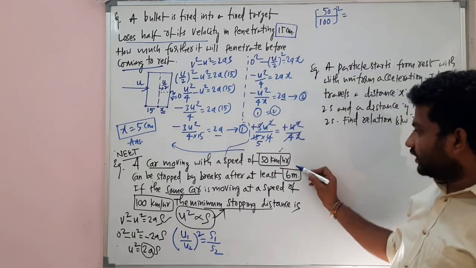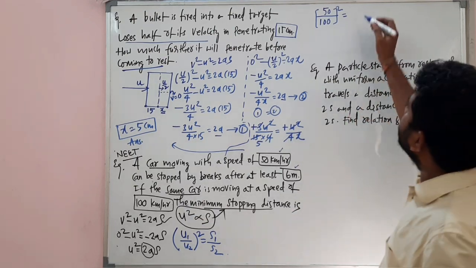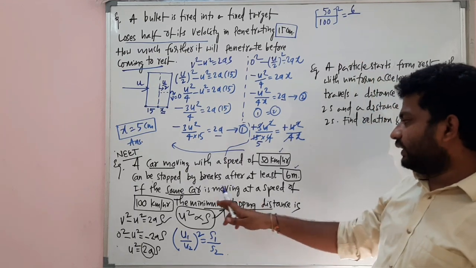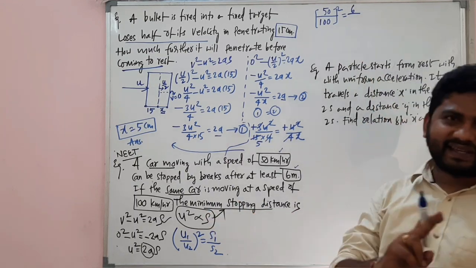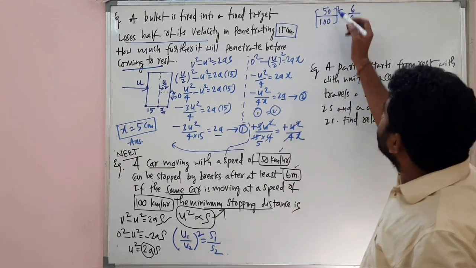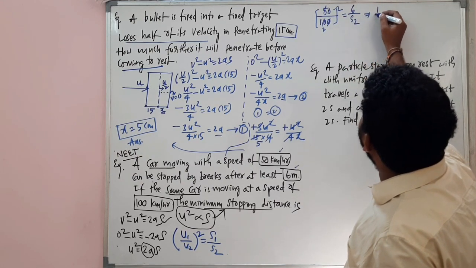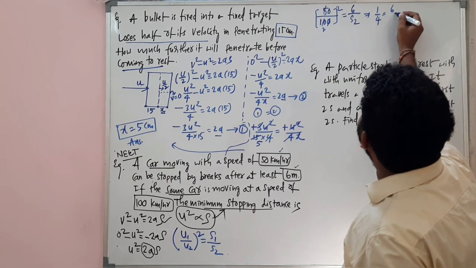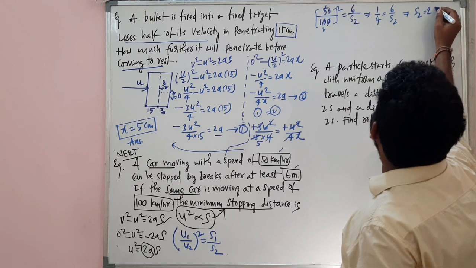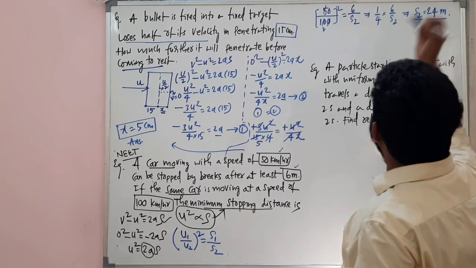What is s1? It is 6 meters. What is s2? That is what we need to find out. Read the question: find the minimum stopping distance in the second case. So that is s2 we are going to find out. 1 by 2 whole square is 1 by 4, which is equal to 6 by s2. From here I can write s2 is equal to 24 meters.